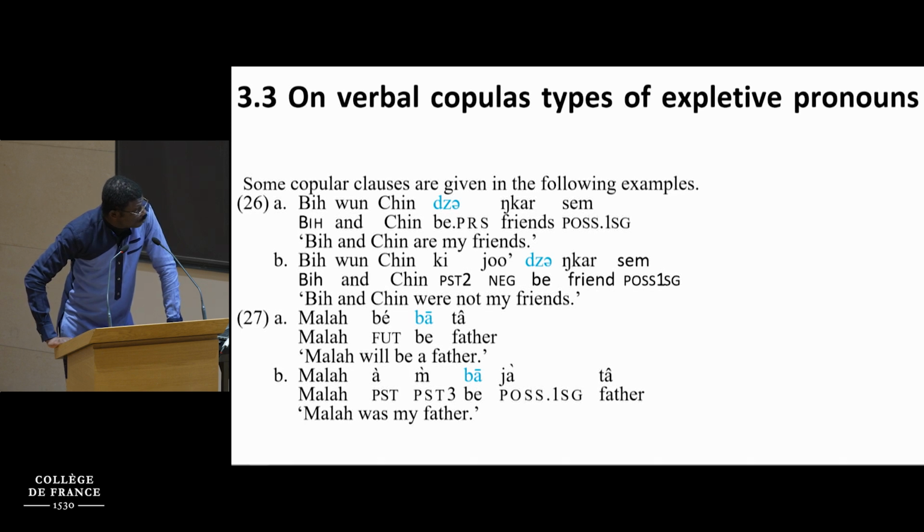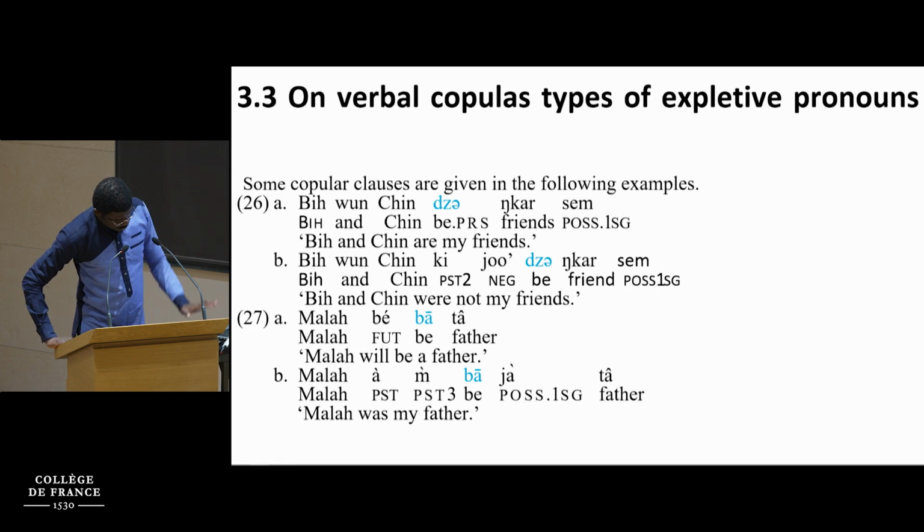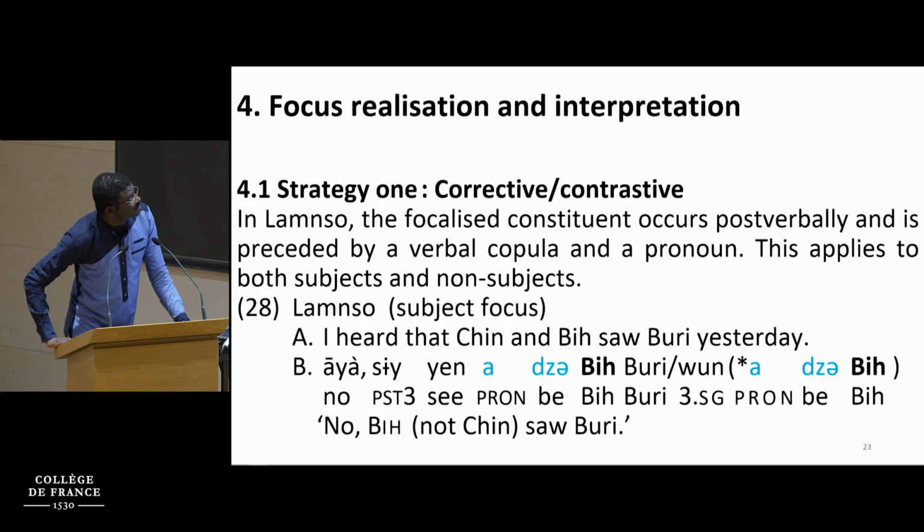In Limbum, what you have here is "ba", which is "to be". So you have "Mala will be a father", and here you have "Mala was my father". I wanted to show you the distribution of pronouns and copulas because I will talk about it in the analysis.